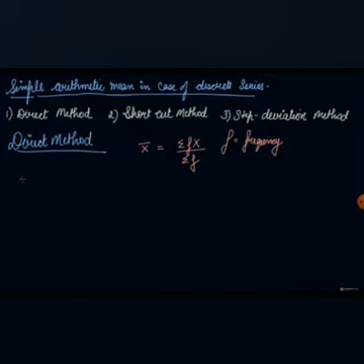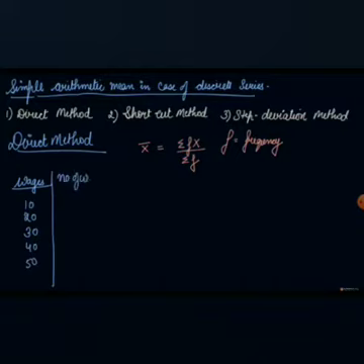Following is the weekly wages earnings of 19 workers. The wages given to you are 10, 20, 30, 40, 50. The number of workers are given to you, that is 4, 5, 3, 2, 5.